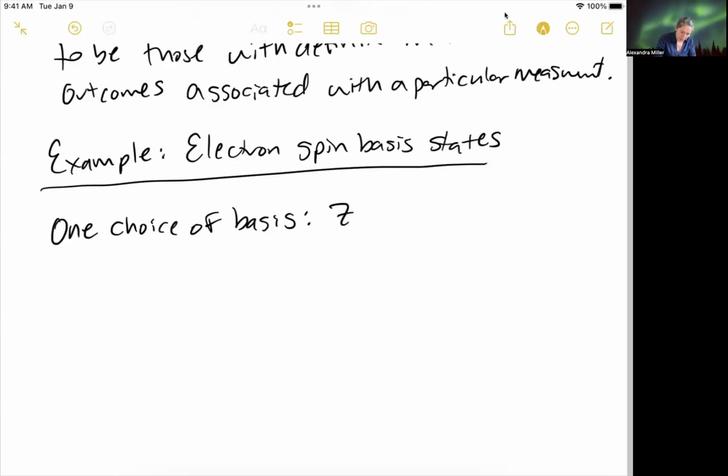So one particular basis is the Z basis. These are the two states that have a definite measurement outcome in the Z direction. And we'll write them this way.